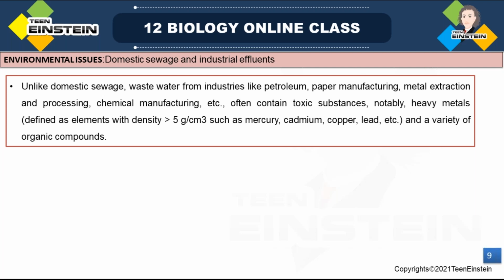They'll be having more toxic substances like heavy metals, then some other elements which is having more density, like copper, lead, cadmium, and also like that higher density metals also they'll be having. Okay, and this may create toxic effect.